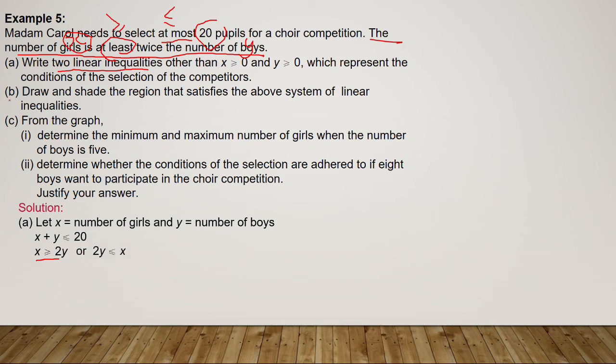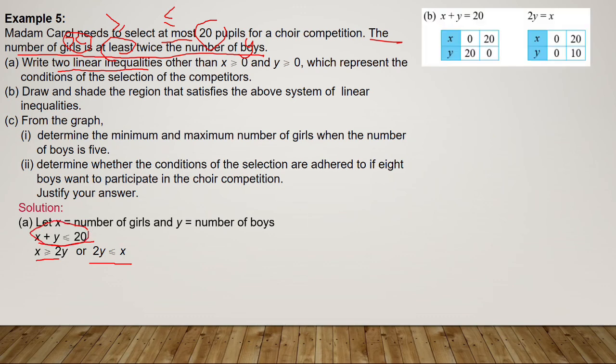Okay. B, draw and shade the region that satisfies the above system of linear inequalities. So for these two inequalities, we need to draw the graph. Remember, if you want to draw the graph, you will need the table of values. For the first one, I show you the table of values straight away. It's from your book actually. When x is equal to 0, y will be equal to 20, right?